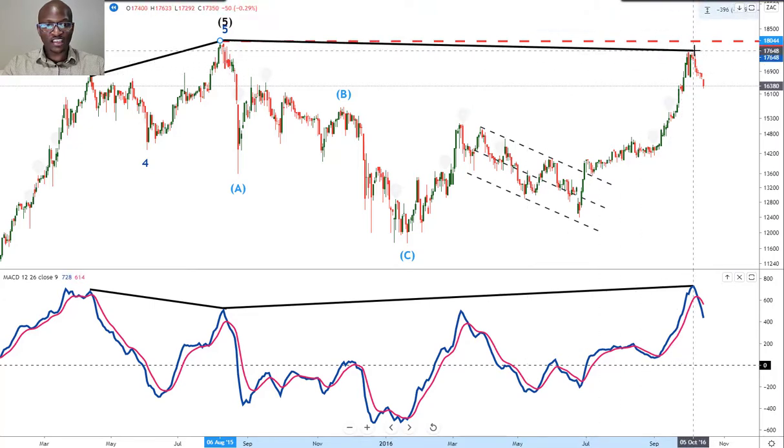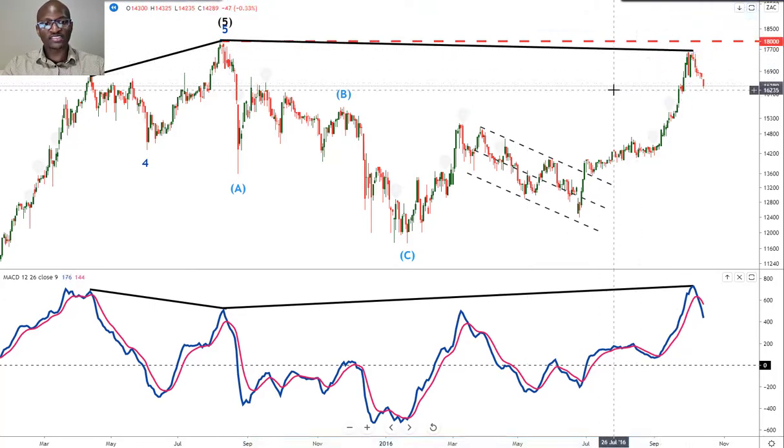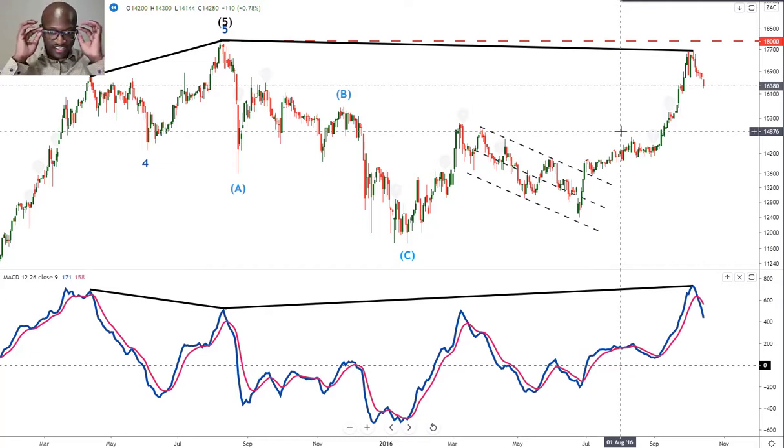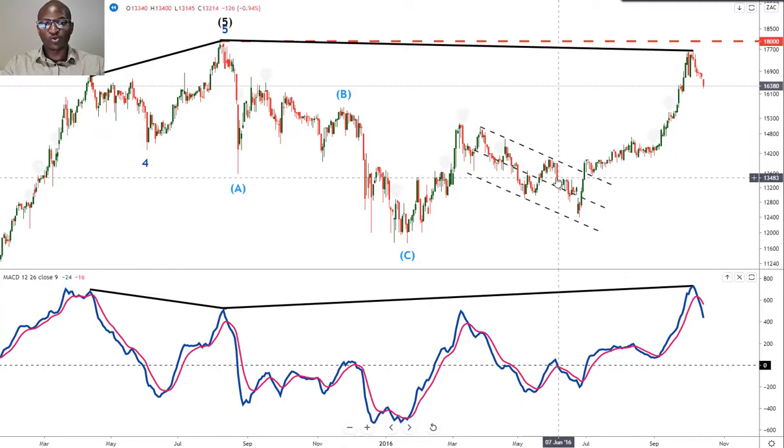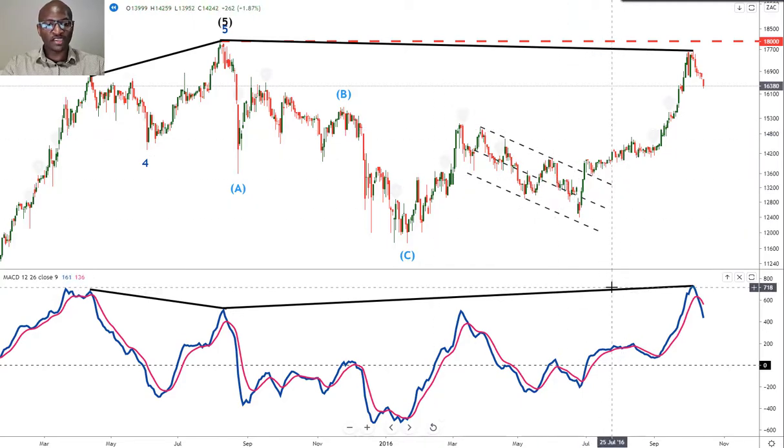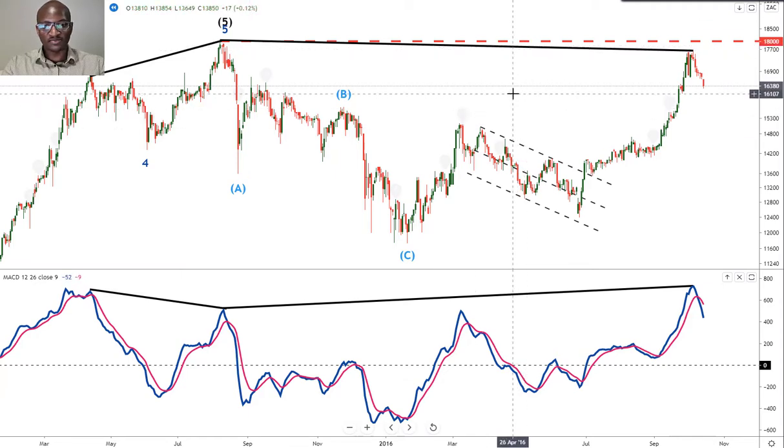This is what Dr. Clive Roffey would then refer to as reverse hidden convergence. This was the first sign that the market was showing weakness as the MACD was making new highs, but price was not confirming these new highs.